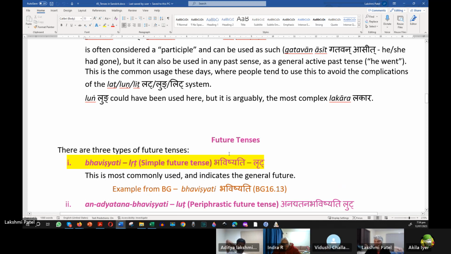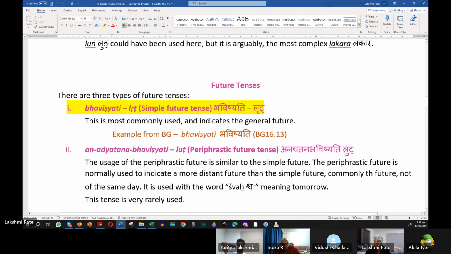Okay. Now there are three types of future tenses. Simple future tense is called lrt. Bhavishyati lrt, it's called. So this is simple. Bhavishyati, khadishyati, gamishyati. All this is lrt.